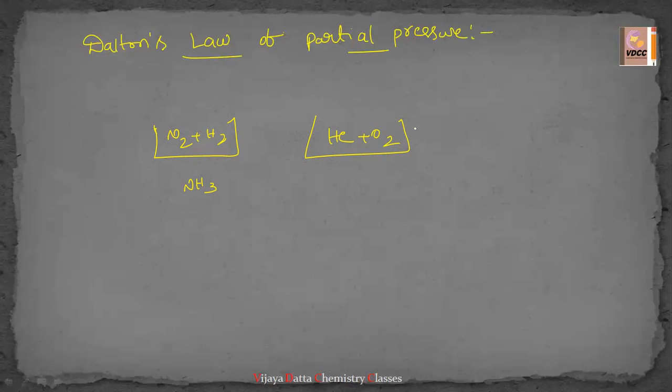So when different gases that do not react chemically with each other are kept in the same container, they intermix rapidly and exert some definite pressure. They will not react chemically, but they intermix physically. They intermix and exert some pressure, and each gas in the mixture exerts its own individual pressure.